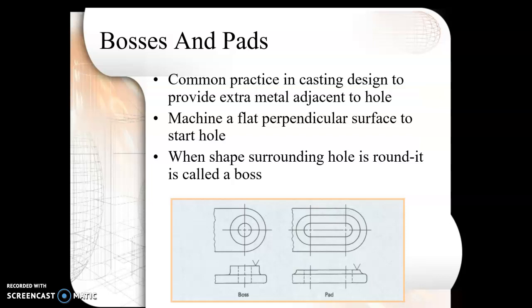As you can see here, it increases the thickness or the depth of the hole, and in cast parts it's typically machined. These finish symbols here indicate the top surface of that boss and pad is going to be machined.